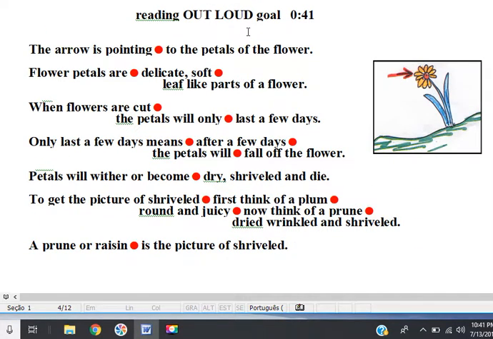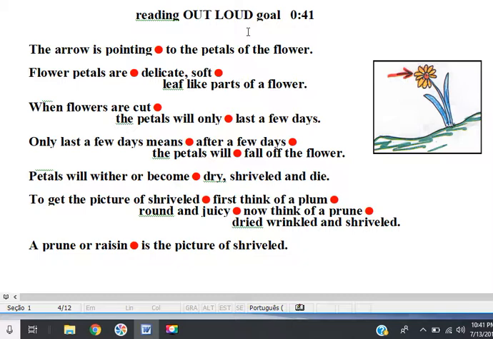Reading out loud goal. Here we go. The arrow is pointing to the petals of the flower. Flower petals are delicate, soft, leaf-like parts of a flower. When flowers are cut, the petals will only last a few days. Only last a few days means after a few days, the petals will fall off the flower.